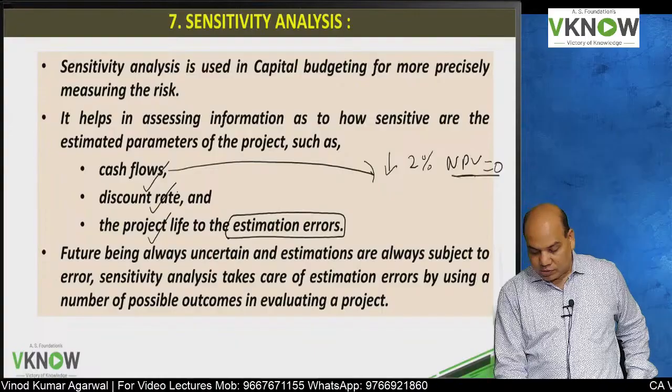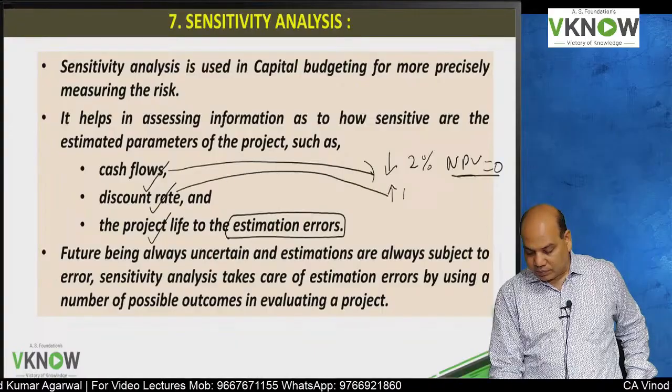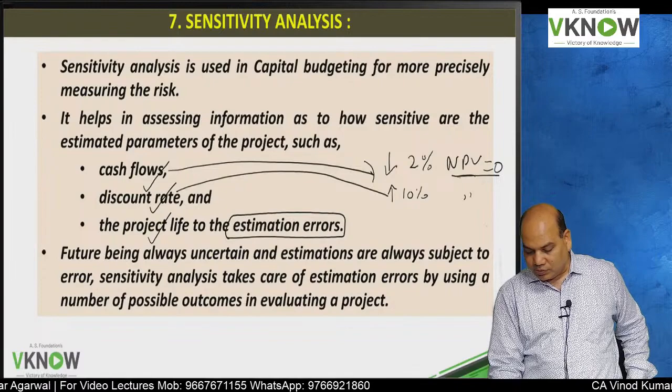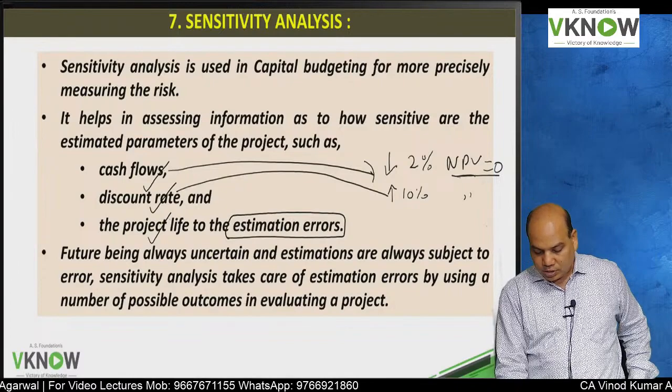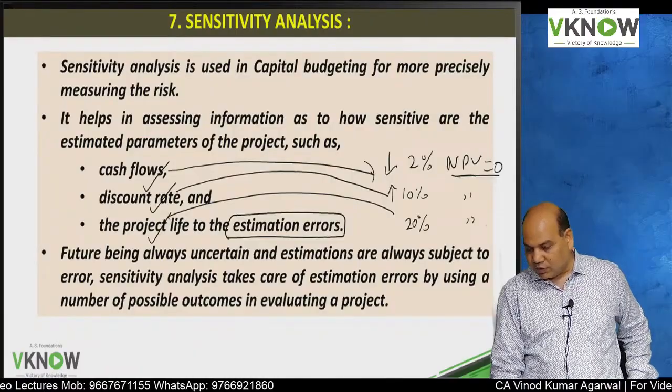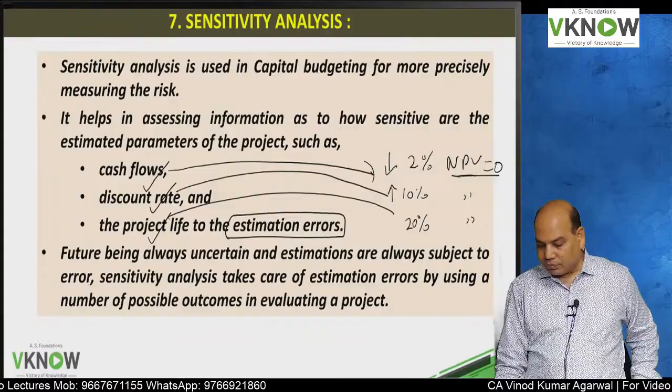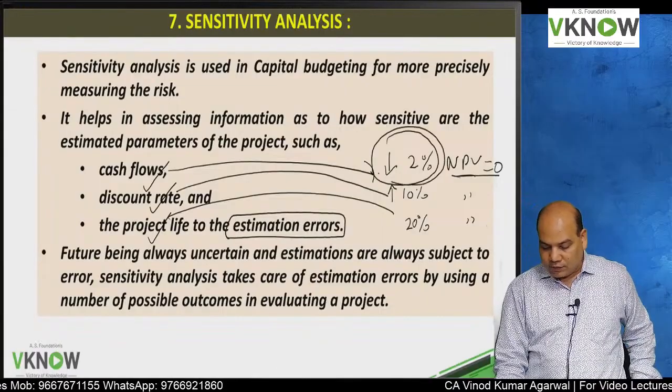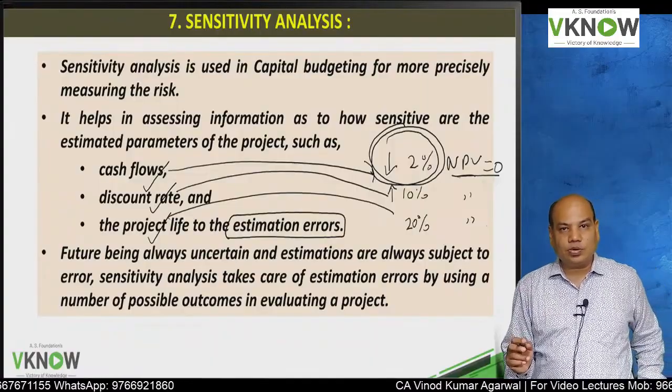If discount rate increases by 10%, NPV will be 0. If project life is reduced by 20%, NPV is 0, which means the project is more sensitive to cash flow.